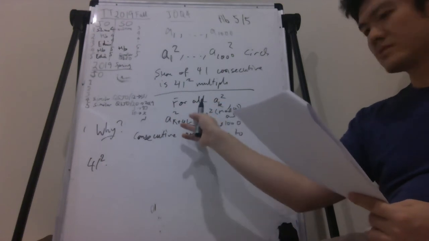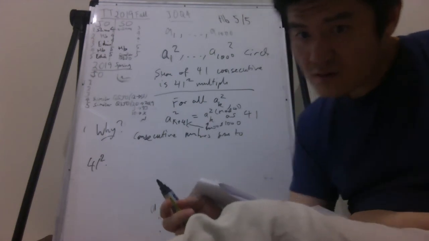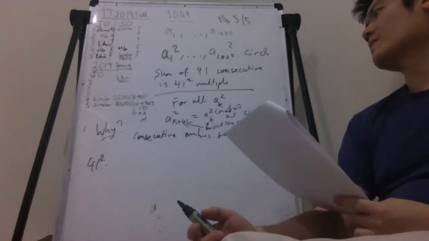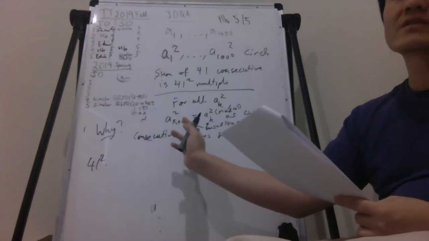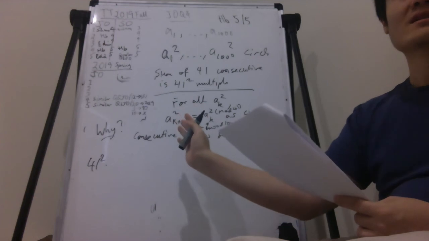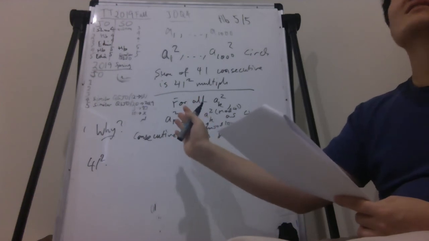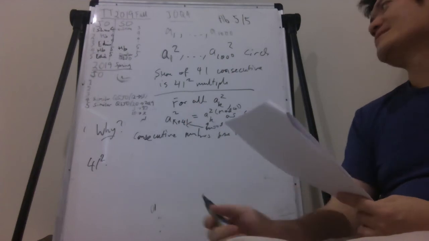Is that what this equals? Congruent mod 41? Shouldn't it be 41 squared? It's better to be right, because when they do figure it out, they're happy and they realize you're right, and they'll give you the mark. If you make them figure it out and you're wrong, you lose the next mark for the next thing as well.